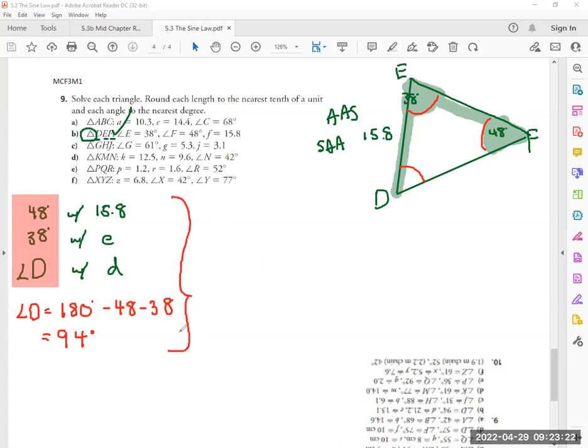With this information, let's set it up. Again, by habit, I always do sine of the angle above the number, the side length, but I think that's going to be harder for us because that will place our variables in the denominator. So I'm actually going to set it up with 15.8 as the numerator.